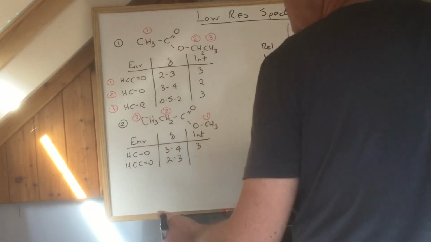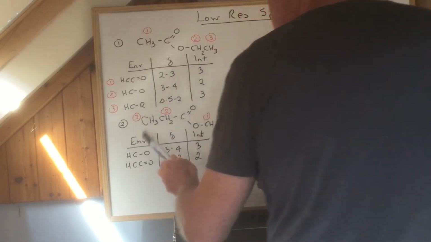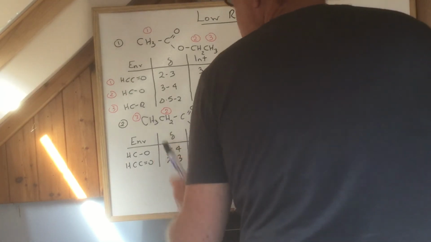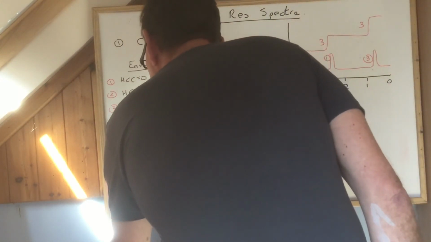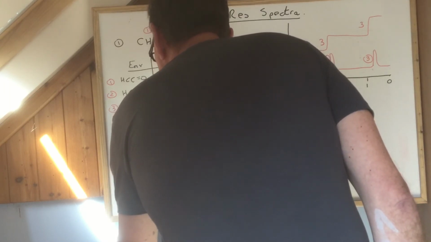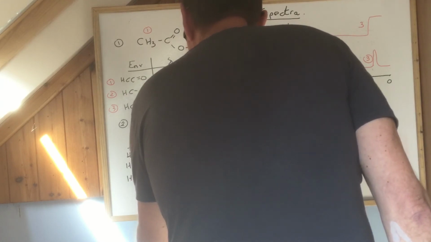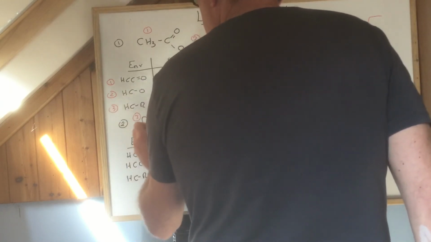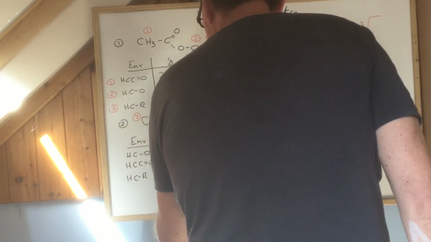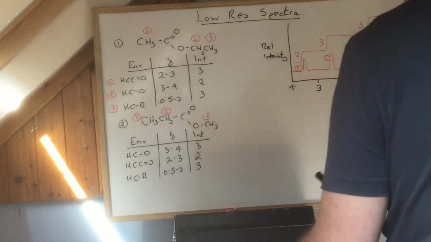These are classic NMR environments, okay, and there's 2 protons in that environment. Finally, those there, it's very similar to the one above. That'll be 0.5 to 2. And there's 3 in that environment. Quite similar to the one above, but not exactly the same.